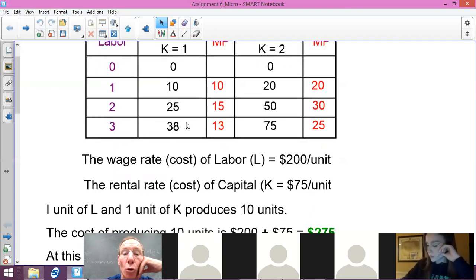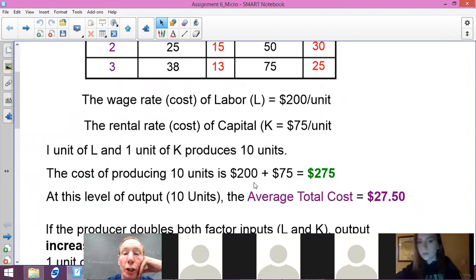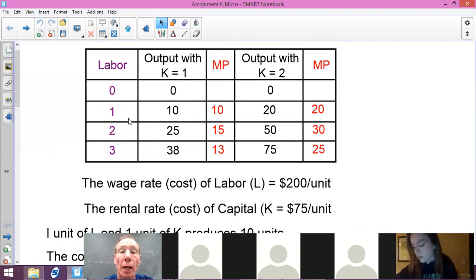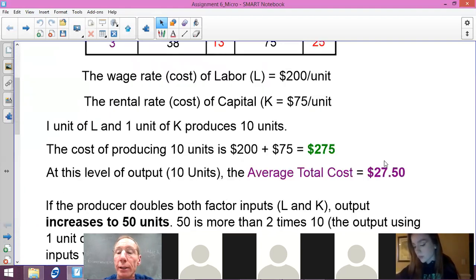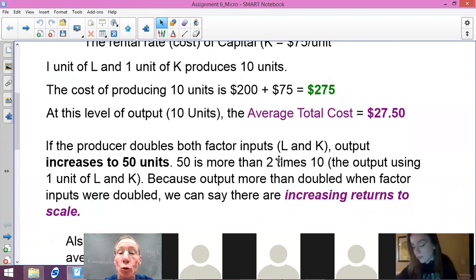The average total cost to produce 10 is the cost of 1 unit of labor and 1 unit of capital, which is 275, divided by 10, the number of units. So the average total cost when we only use 1 unit of labor and capital is $27.50 per unit.